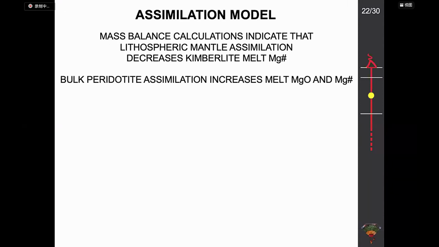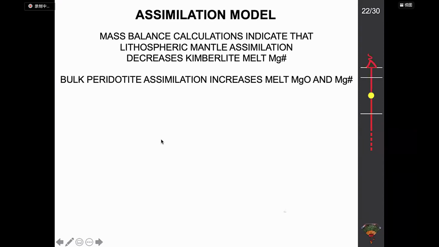So if we assimilate bulk peridotitic material, then the magnesium number of the primary kimberlite should increase. Whereas what we see is that the magnesium number of the melt in equilibrium with the olivine is lower than the magnesium number of the primary kimberlite melt.